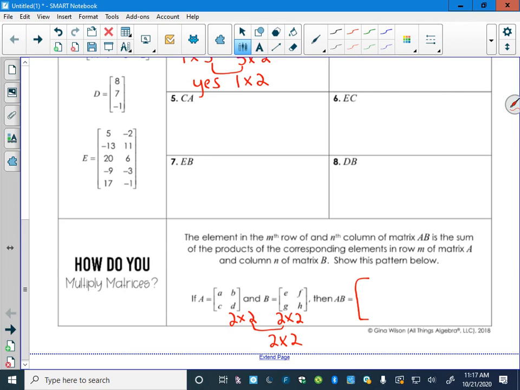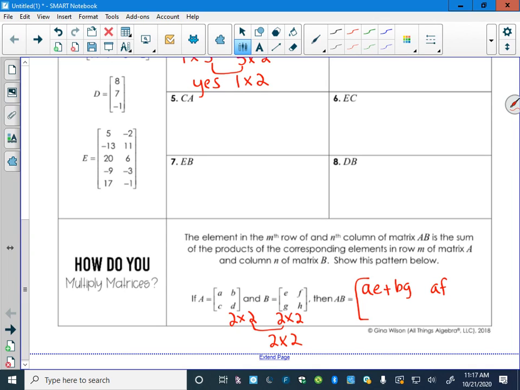This is the way you would do it. I'm going to take the first row in matrix A and multiply it times the first column in matrix B. I'm going to pair those numbers up. So that would be A times E plus B times G. Okay, I'm going to the top row, second column entry. So I'll do A times F. You notice I skipped a little bit of space.